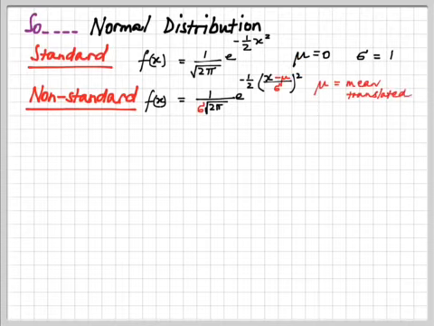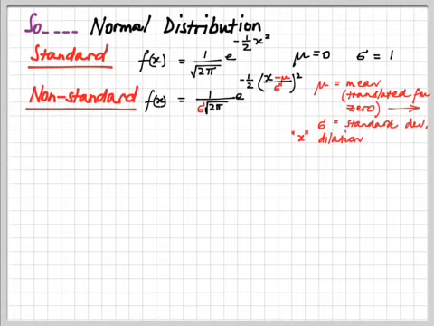Okay, so mu is the mean translated from 0, yes? Yes. In our case it was to the right, that's what that arrow means. And sigma is the standard deviation, which is the x dilation factor of sigma from the y-axis, alright? I think that's okay. So far so good?